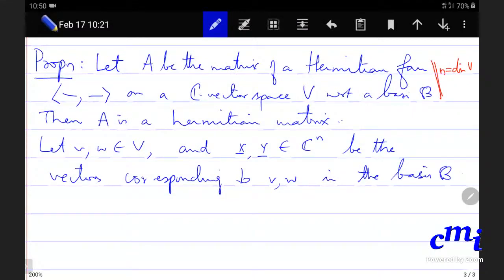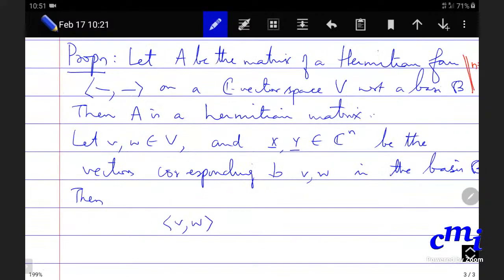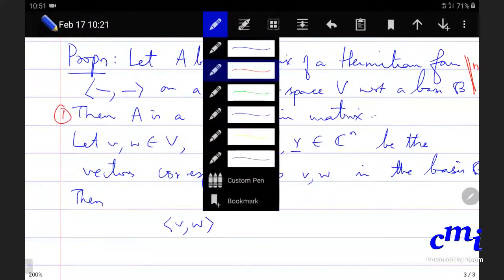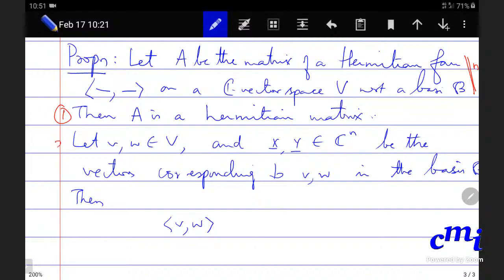Given any basis, one can then do this. So this is the next. Maybe I should label these things: 1, 2.